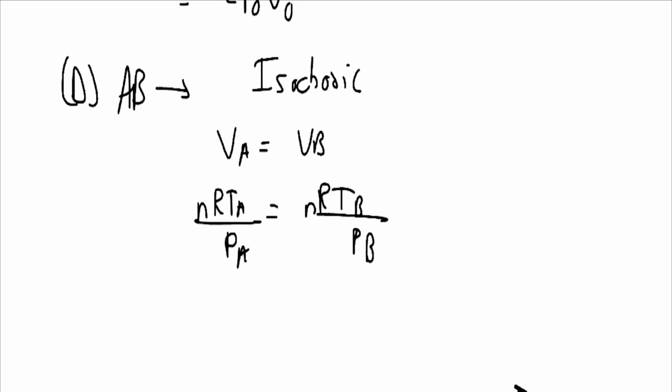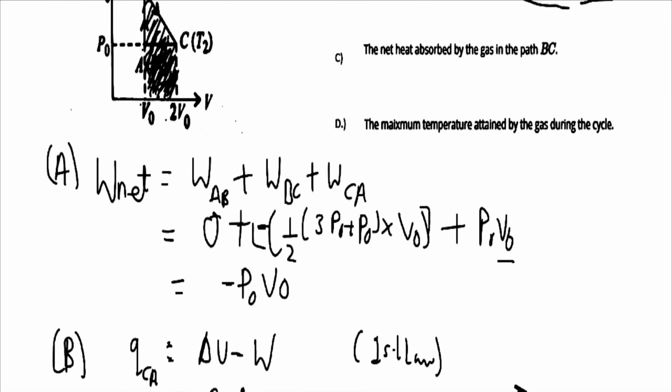And if you see, the temperature at A is T1 and pressure is P naught, and temperature at B is T2 and pressure is 3 P naught.